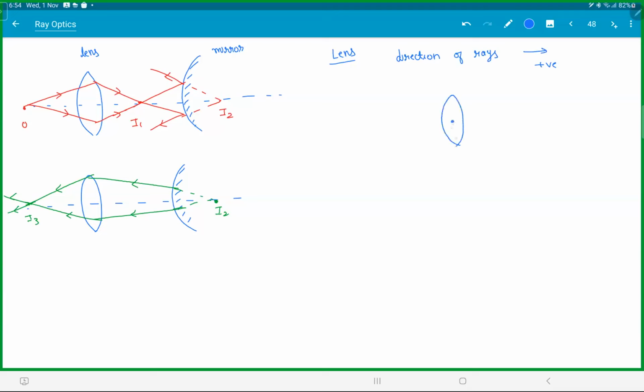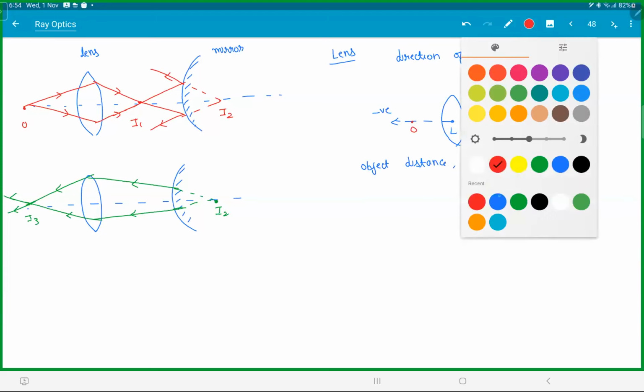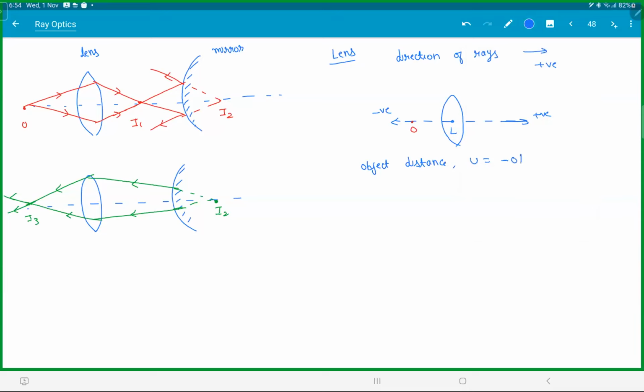Meaning this is what we do, everyone. So this is lens L. We take this side as positive axis, this side as negative axis. So first thing, object distance, U. Where is the object, left or right? It's on the left hand side. So should I take plus or minus sign? Object distance is minus OL because it's on the left hand side.